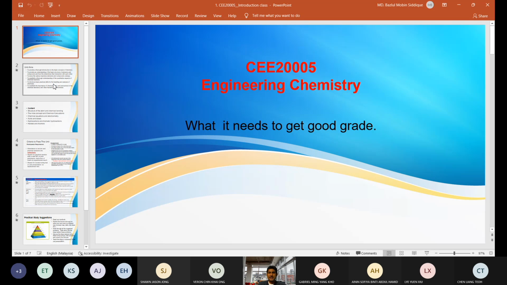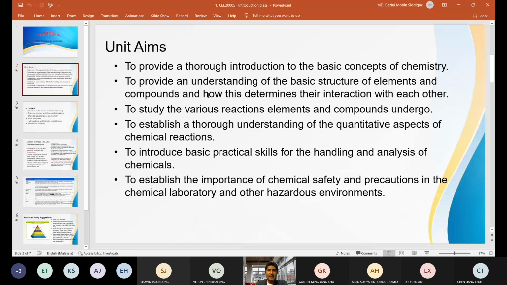Introduction to the basic concepts of chemistry, and I'm sure that you already have it from our foundation. And then you will see a lot of the foundation information coming up, and probably you'll think, oh, why are we doing this again? Because I need to refresh our memories on the chemistry that we have learned in the foundation, to go into detail that we'll cover later in the weeks.